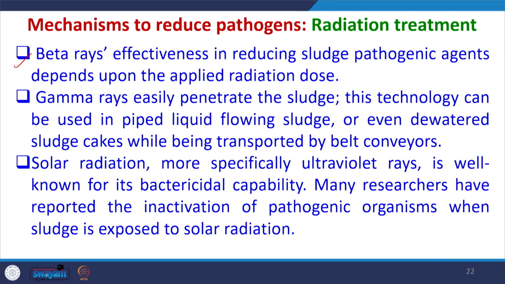So, what amount of radiation we are applying, and at what wavelength, matters. Gamma rays easily penetrate the sludge, and this technology can be used in piped liquid sludge or even in dewatered sludge cakes while being transported by belt conveyor. When the sludge is exposed to the gamma rays, its pathogens may be killed.